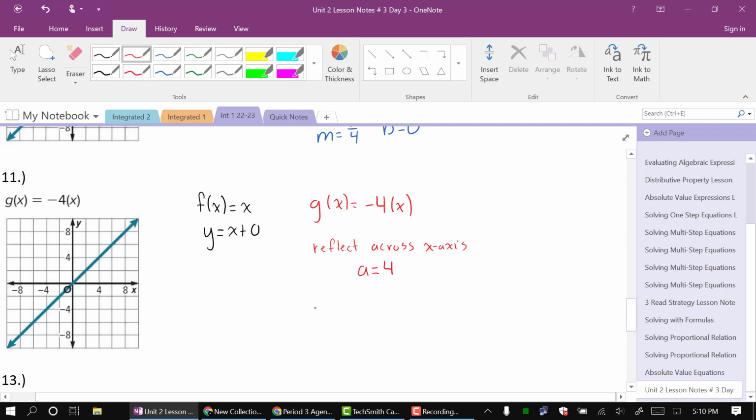So what am I going to plot? Well, I'm going to plot y equals -4x plus 0. So my m is going to be -4/1, and my b is going to be 0.